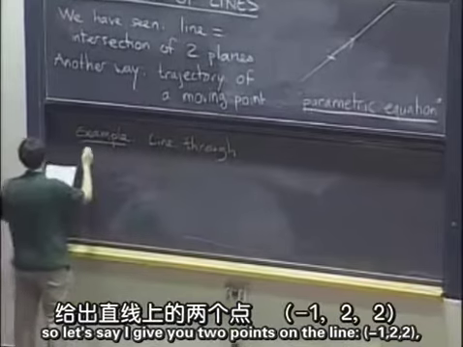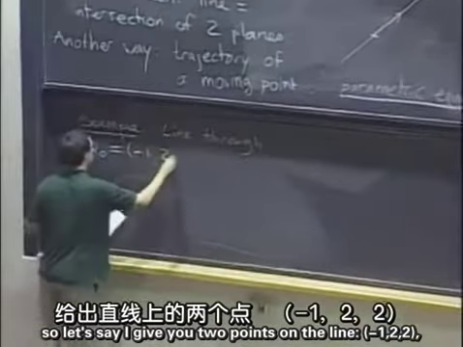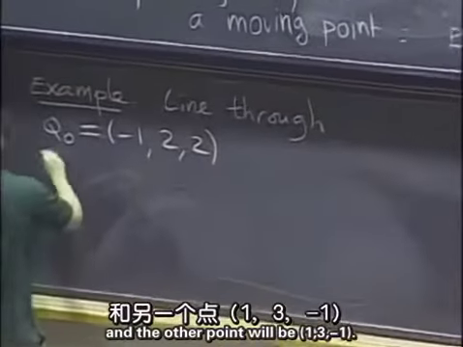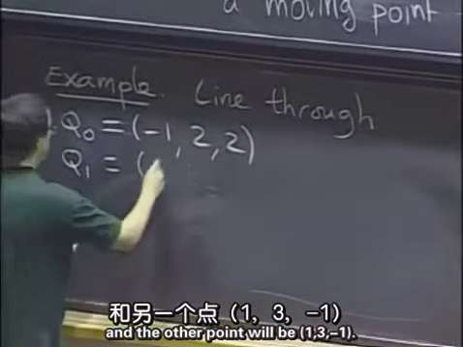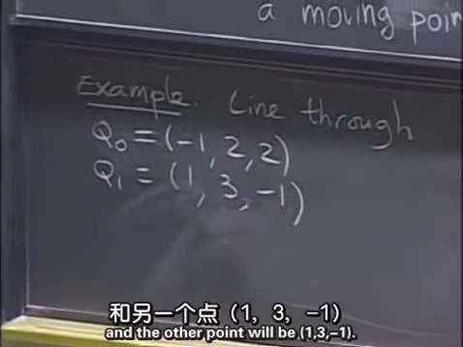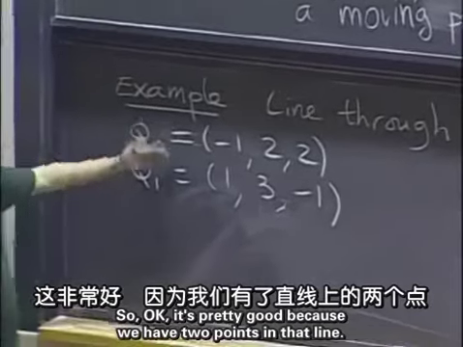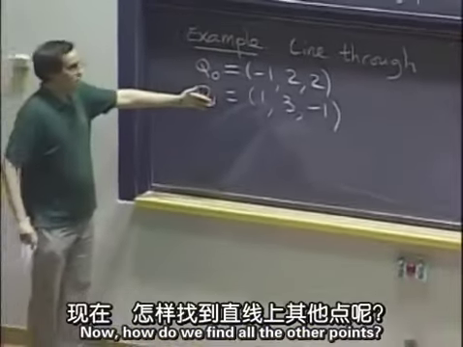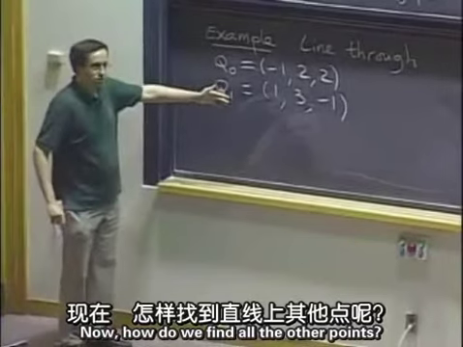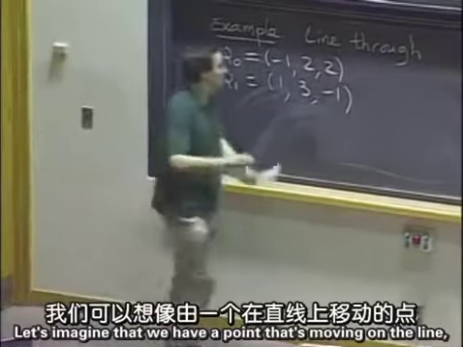So let's say I give you 2 points on the line, (-1, 2, 2), and the other point will be, let's say, (1, 3, -1). It's pretty good because we have 2 points on that line. Now, how do we find all the other points? Well, there are points in between these guys and also on either side.